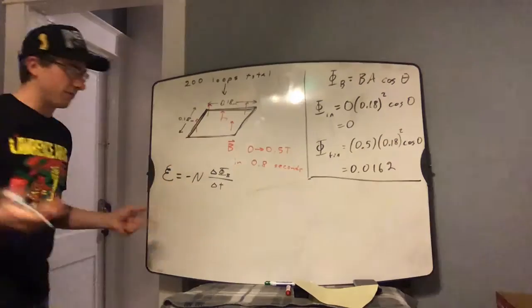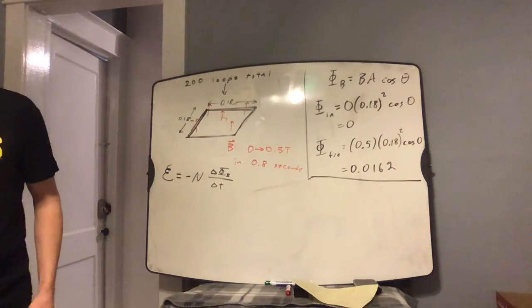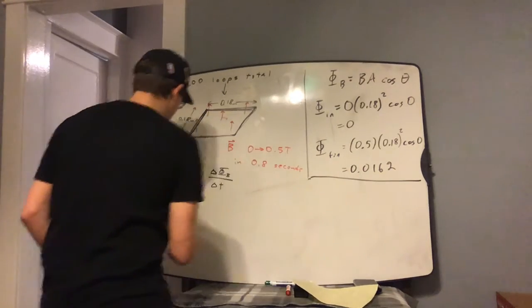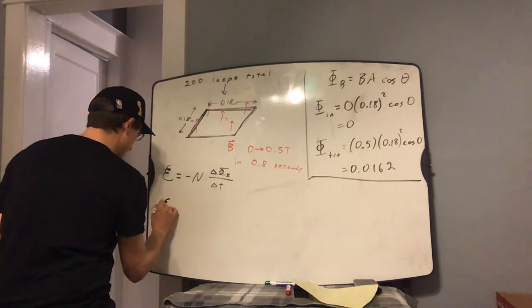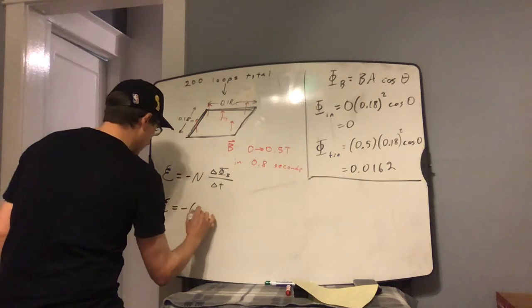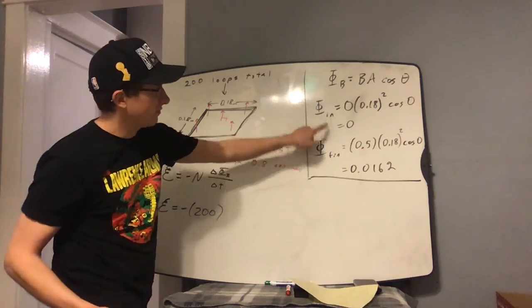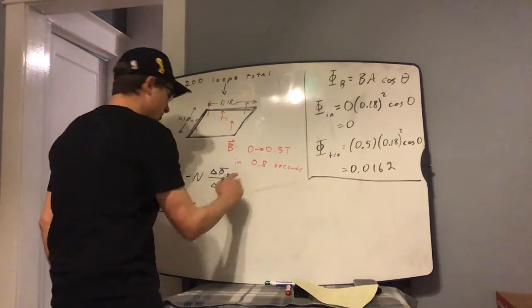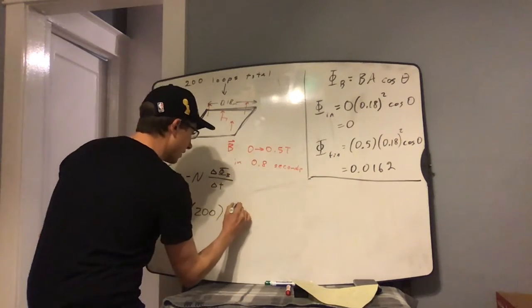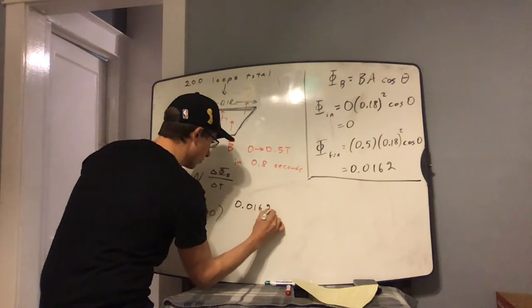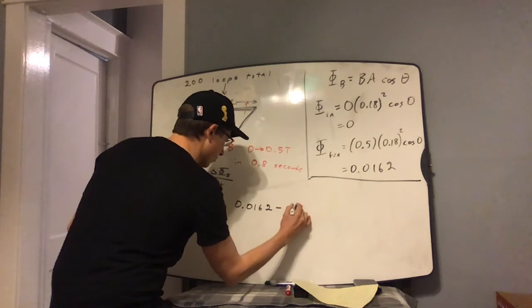So what do I get? Well, I could go back to find the amount of induced voltage. And so the induced voltage is going to be, we have 200 loops. The change in flux is final minus initial. So delta phi will be 0.0162 minus 0.